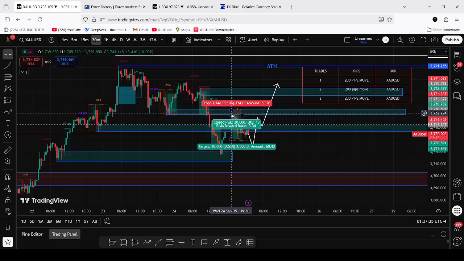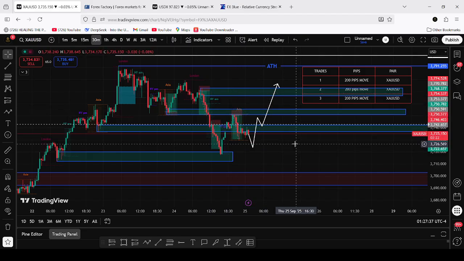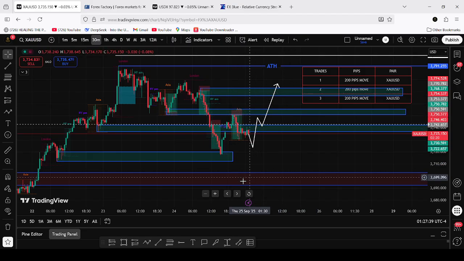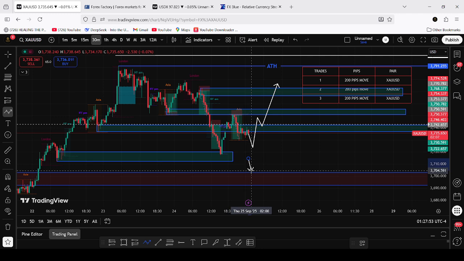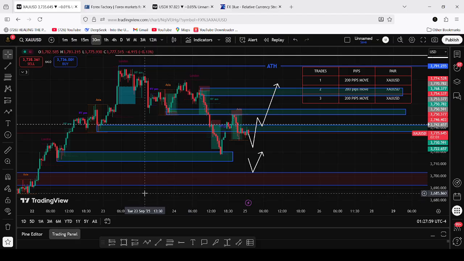So then, the next thing that we need to look at is this zone. If the market comes to this zone, this is a breaker block, not an order block. It was broken but never retested. So we might be looking for buying opportunities at that zone.